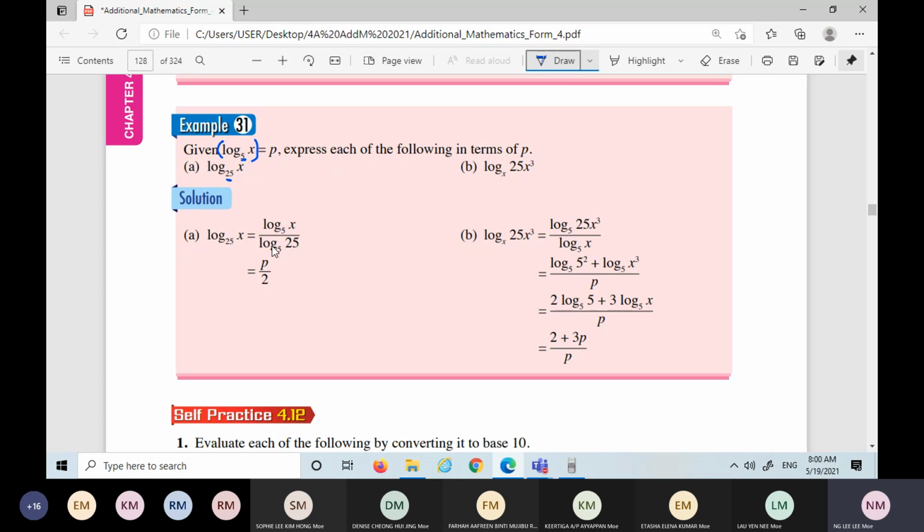Then this one goes to the numerator, this one goes to the denominator.